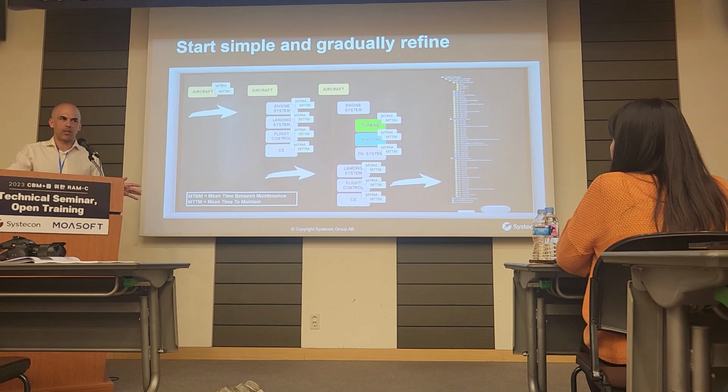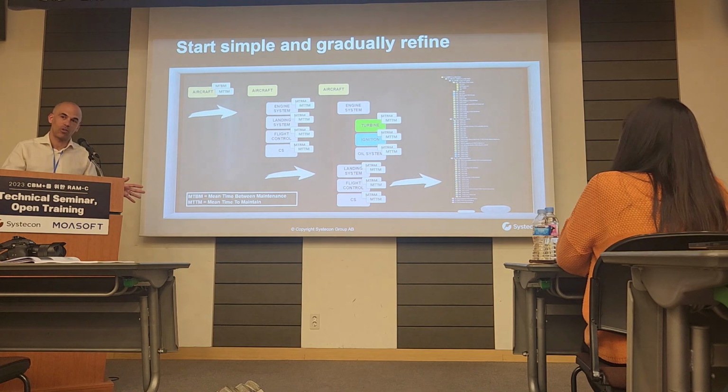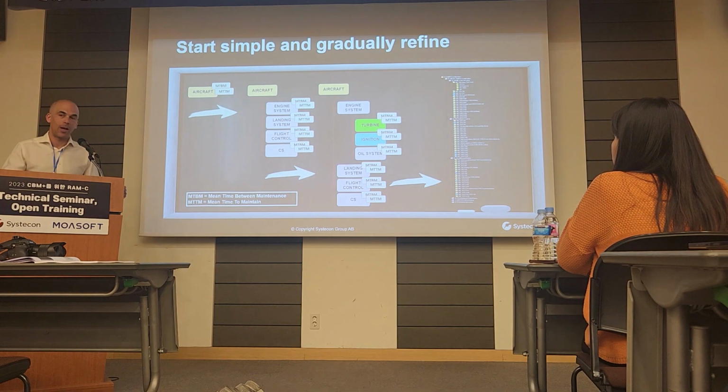Is that necessarily true? No. It depends on what kind of question you are addressing and what type of problem you want to analyze. It's not necessarily so that you want to have every nut and bolt in the model, and then you will get a more accurate result.